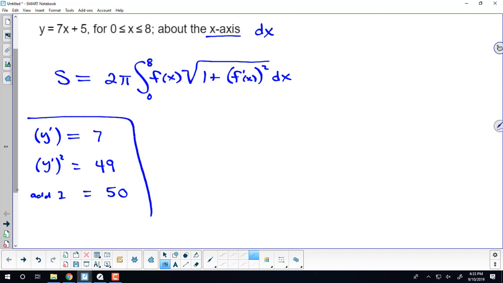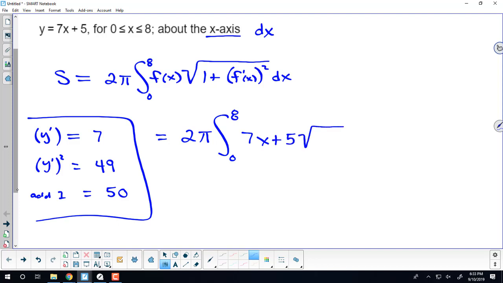So here's this on the side. We have the setup anyways: f of x times the square root of 1 plus f prime squared dx. Was this right here.